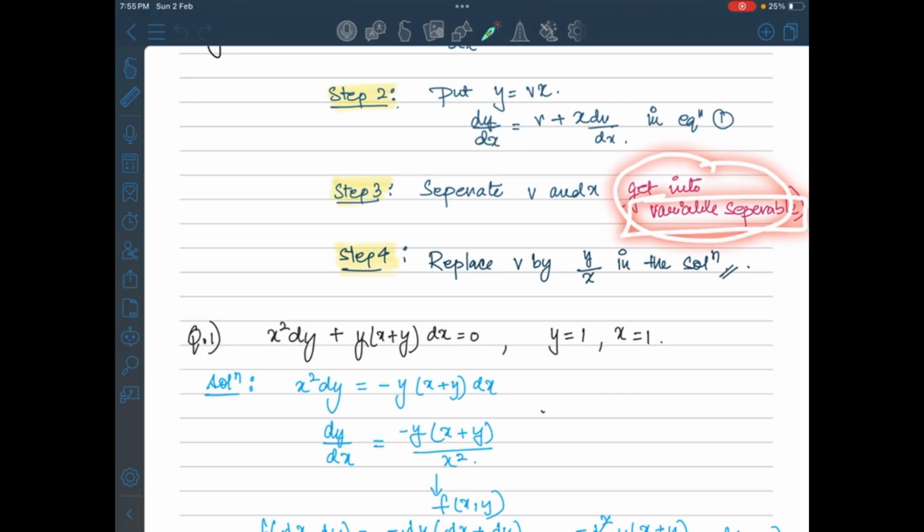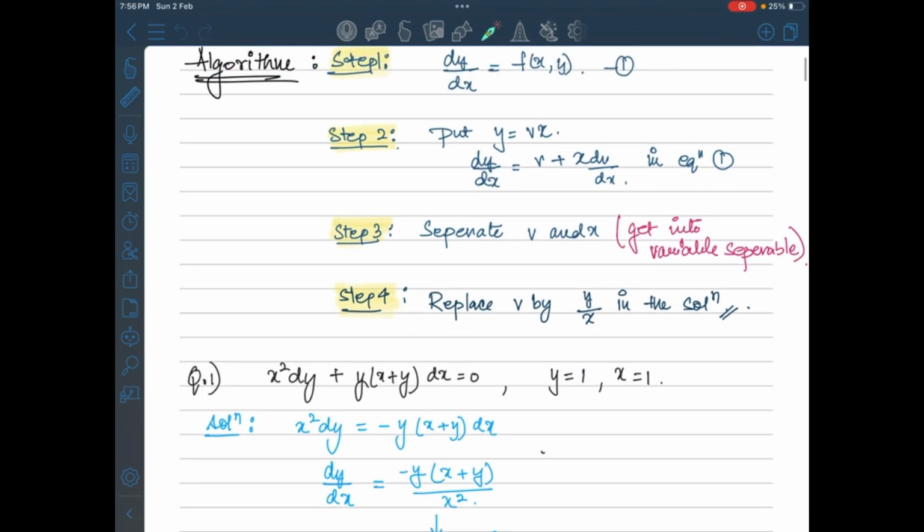If it is not getting converted, that means you have made some mistake during the process. So after doing that, you will separate everything on one side in terms of v, other side in terms of x, and thereby you will be doing integration on both the sides separately, and then you will be substituting back y by x in place of v, and you will be done with the solution.